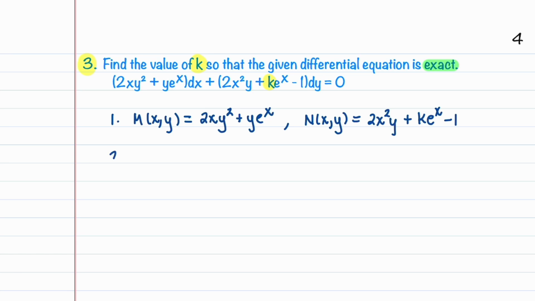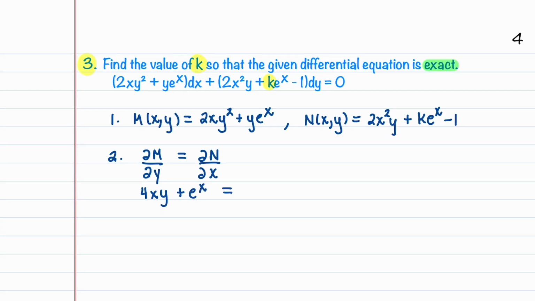Now we're going to choose k so that our exactness condition is satisfied. Our exactness condition is the partial derivative of M with respect to y is equal to the partial derivative of N with respect to x. Let's calculate those partials. The partial derivative of M with respect to y is 4xy plus e to the x.